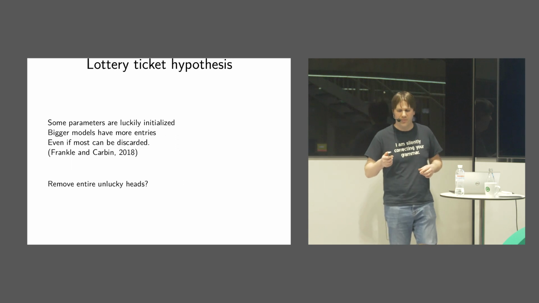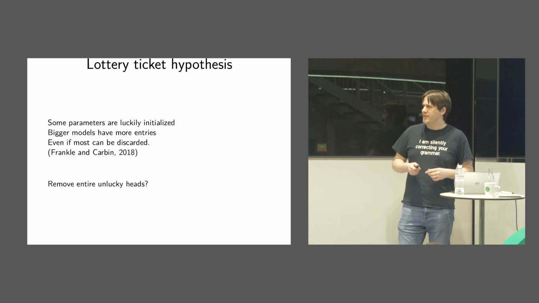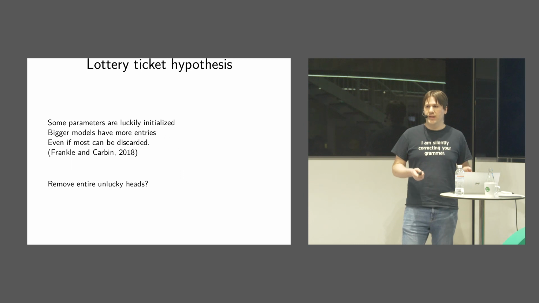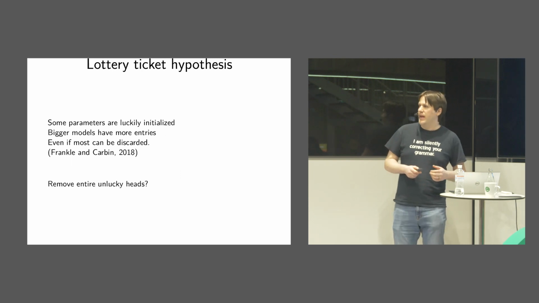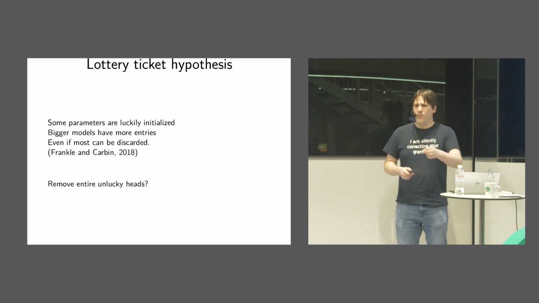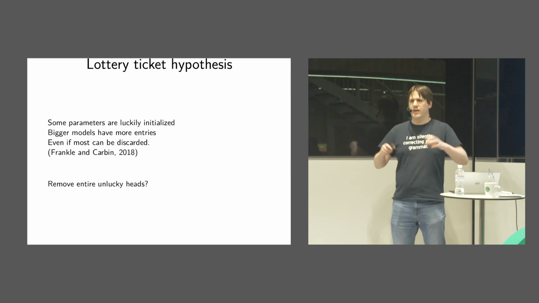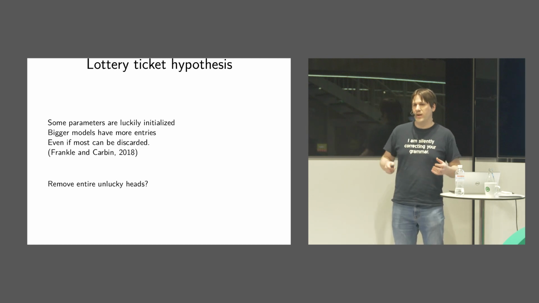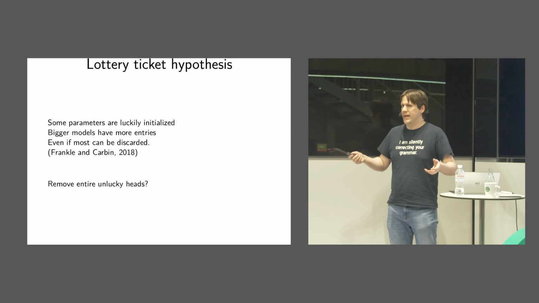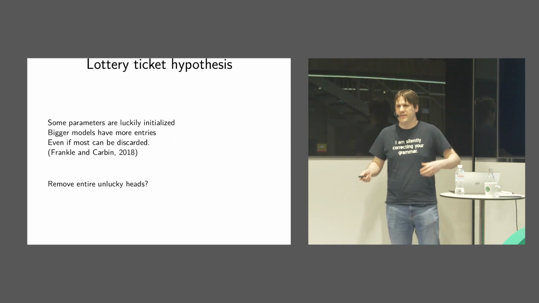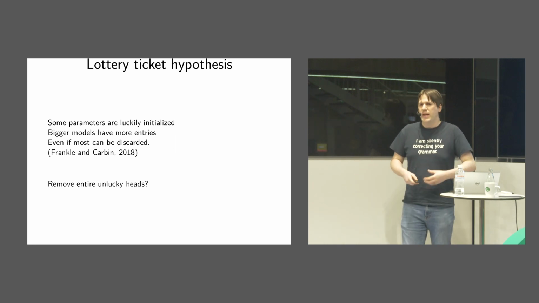Don't know if you're familiar with this, but it's this idea that in a neural network, there is a lot of garbage. Most of the parameters aren't doing anything, but if you try and reduce the parameters up front, then actually what's happening is every parameter is some entry into a lottery, and the number of parameters is buying that many lottery tickets, and some of the parameters will fit well.